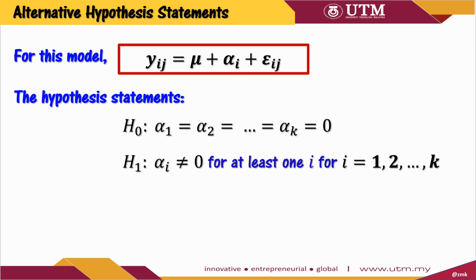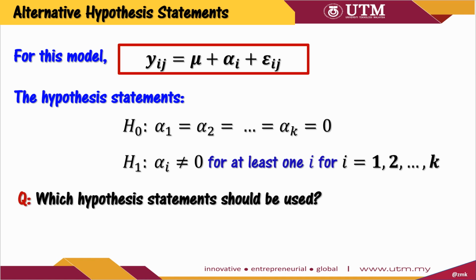A question you might want to ask: which of the hypothesis statements should you use then? The answer simply depends on the question or problem that you have. If you aim to investigate if there is any difference between more than 2 population means, then use the first choice where under H0 all mu 1, mu 2 up to mu k are equal.